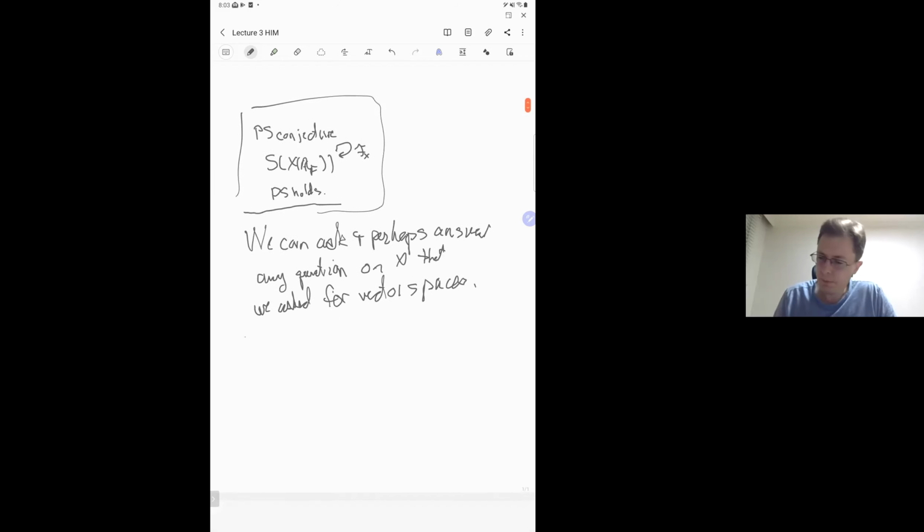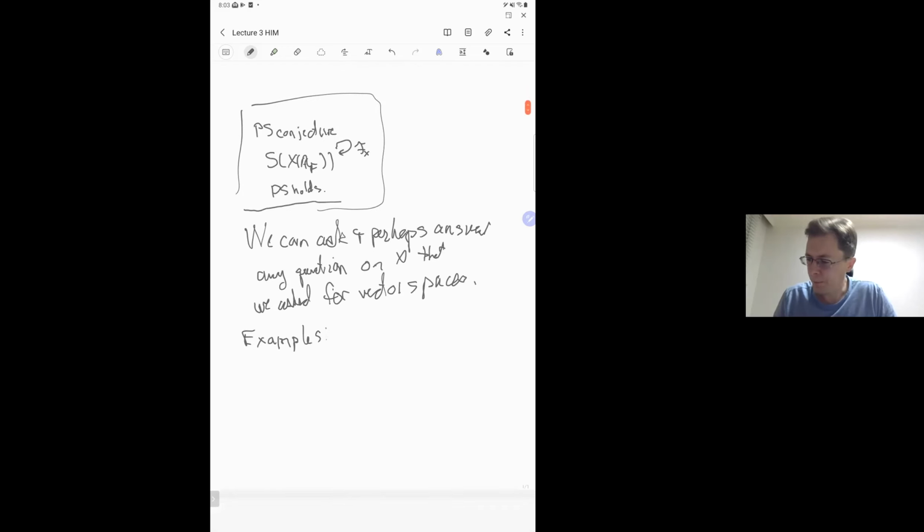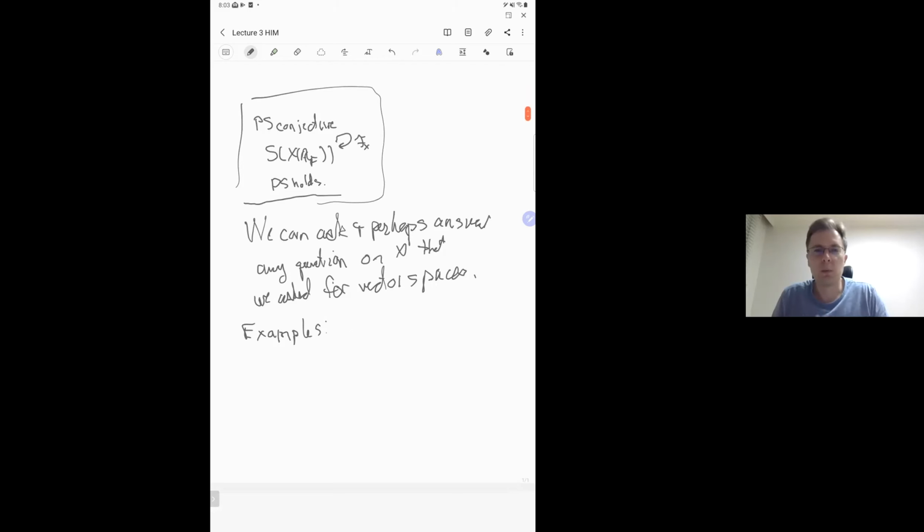So for example, and this actually came up in the comments yesterday, somebody asked about what's the analog of convolution in the Fourier transform. Well, I don't know whether there's an analog of that, but one thing you can ask for is characterizations of the Fourier transform.